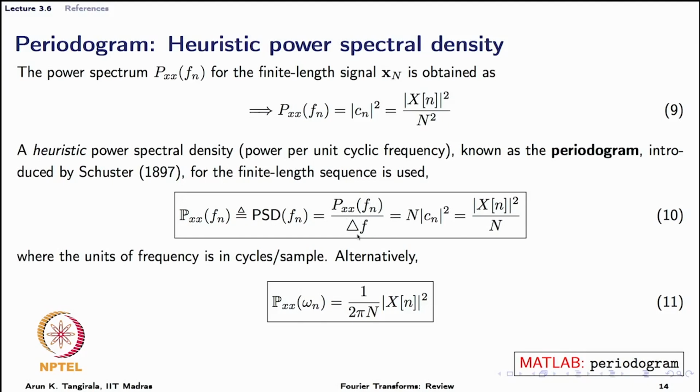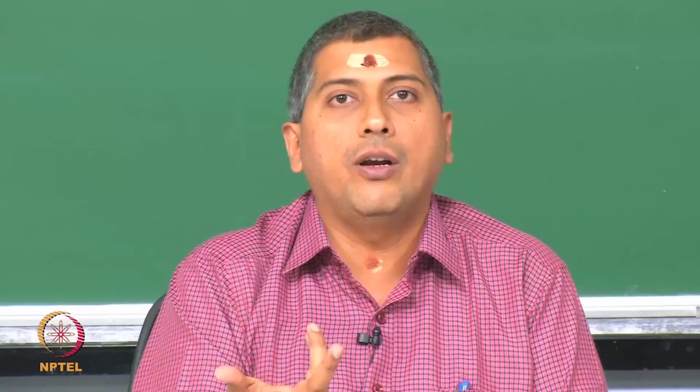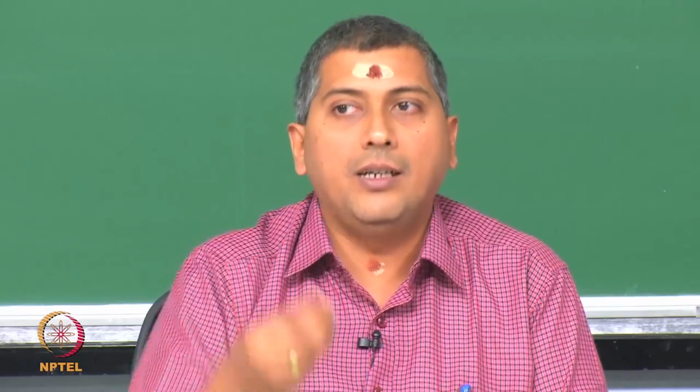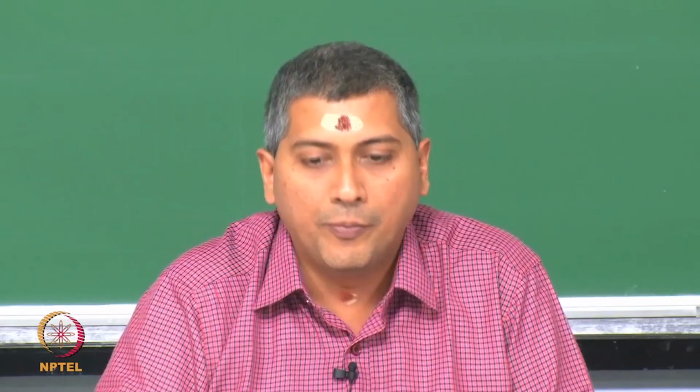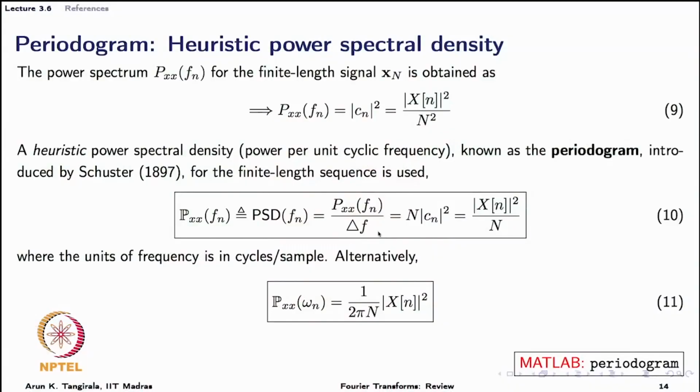It is the power over delta f. Ideally, you cannot define density that way, but density has the units of power per unit frequency, and therefore, we are dividing power by delta f, and that is nothing but n Cn square, because delta f is 1 over n. Remember, in DFT delta f is 1 over n. Therefore, I have now mod x of n square over n as being the heuristic power spectral density, which is called the periodogram. And this is in terms of cyclic frequency.